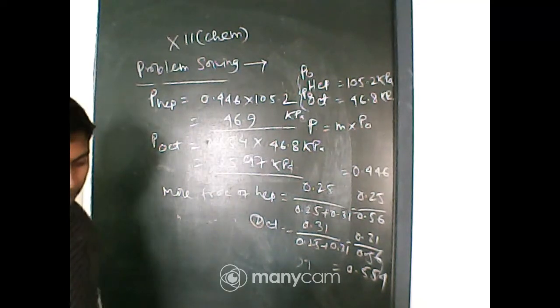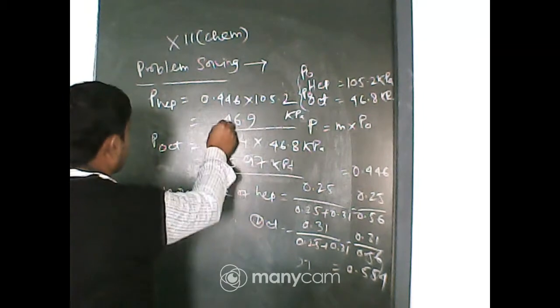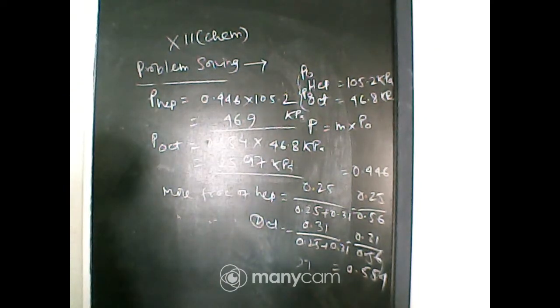Number 3 is the vapor pressure exerted by the solution. If you add these, P total equals 46.9 plus 25.97, which is equal to 72.87. And the last one was the mole fraction of octane in vapor phase.